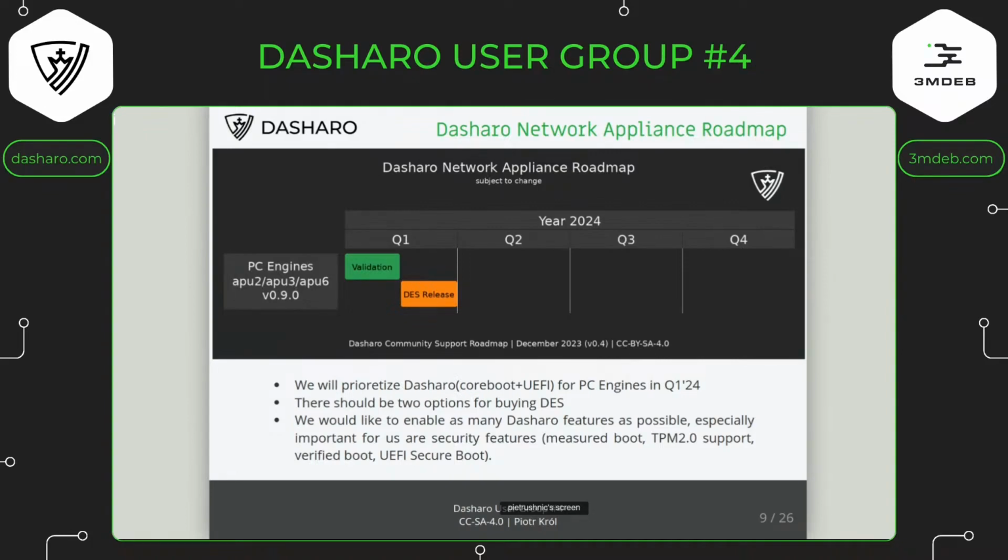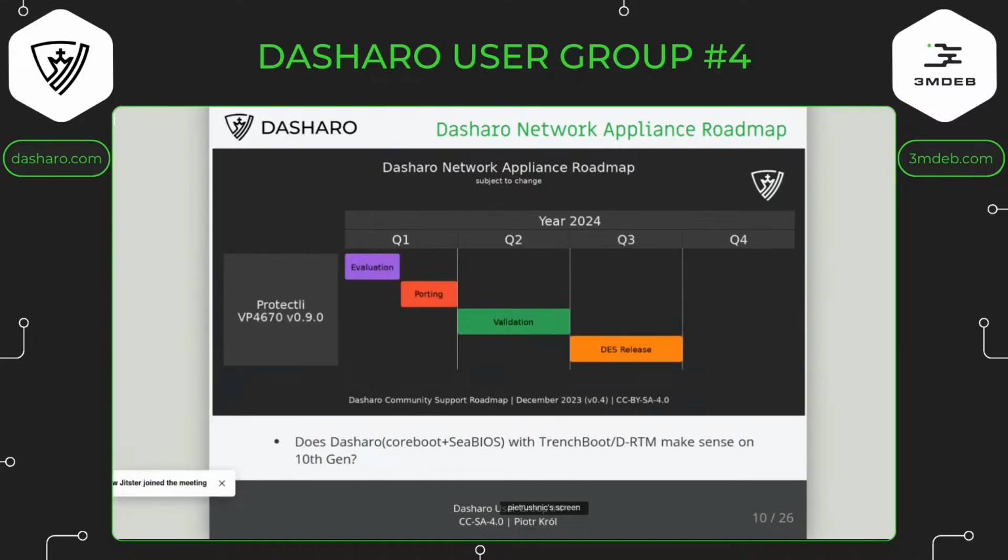So there is an option to deliver PC Engines coreboot plus UEFI with UEFI secure boot, with measured boot, with TPM 2.0 support, in essentially two options. The first option would be for end customers, for regular users, and the second option would be for business. And this should happen in Q1, if not earlier.